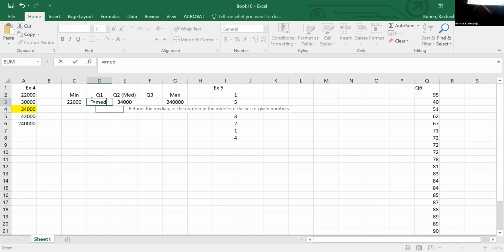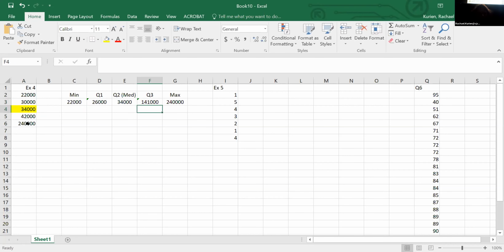So we're going to find the median of the top half. And then you're going to find the median of the bottom half. And there we get our answer.